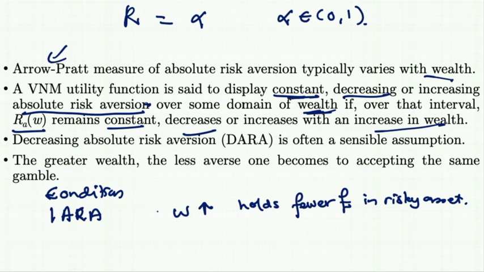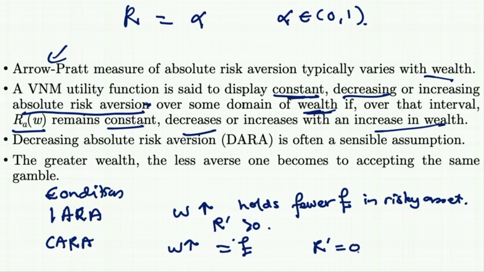That means R prime here is positive. But for constant absolute risk aversion, as wealth increases, he holds the same amount of wealth in the form of pounds or ringgit or whatever. Then in this case, he has this, isn't it?